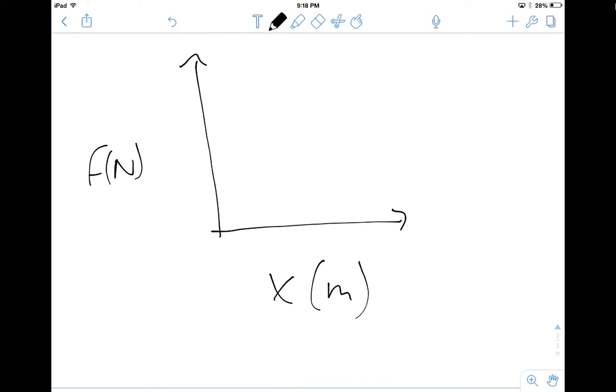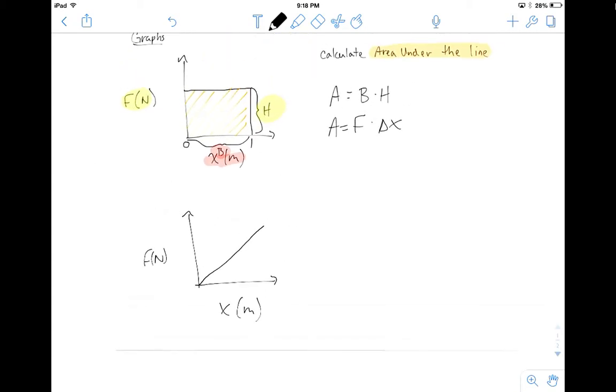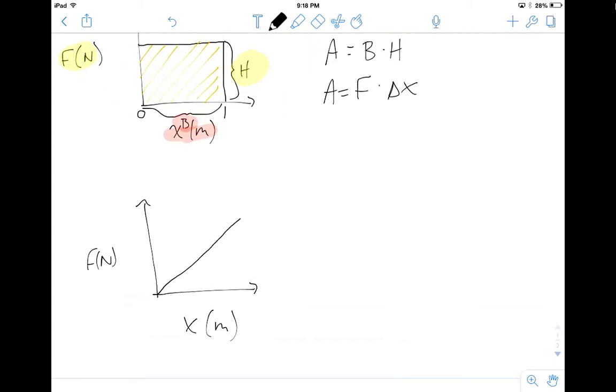What if I start off with no force and then my line goes up? Gradually, as I push my object farther, I increase the amount of force. Well, I can't just use force times delta x anymore. That doesn't work because my force isn't constant.